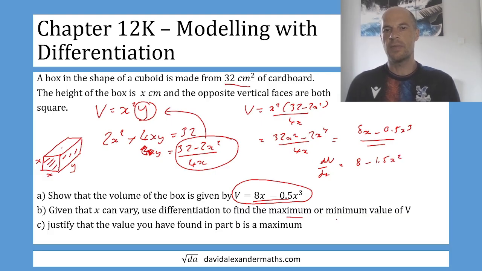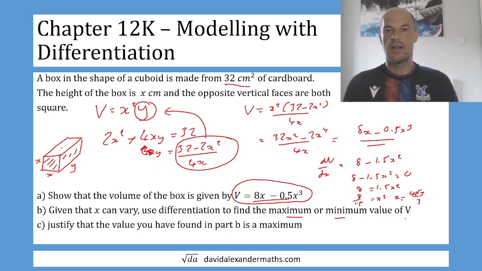Now the maximum or minimum means it's a turning point where the gradient is 0, so I'm going to set this to 0. So 8 minus 1.5x squared equals 0, so therefore 8 over 1.5 is x squared, so therefore x is 4 root 3 over 3.